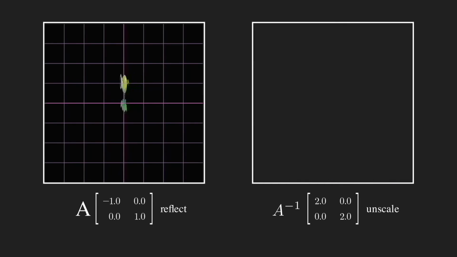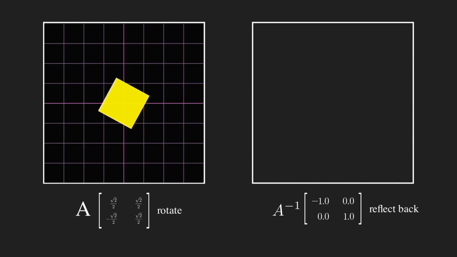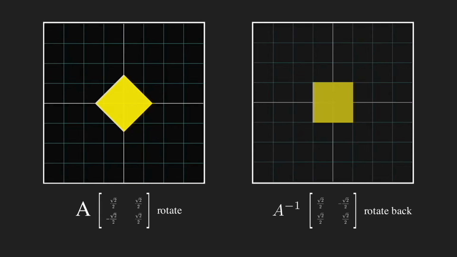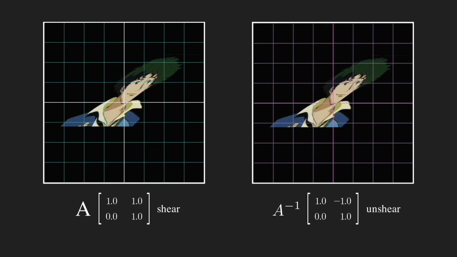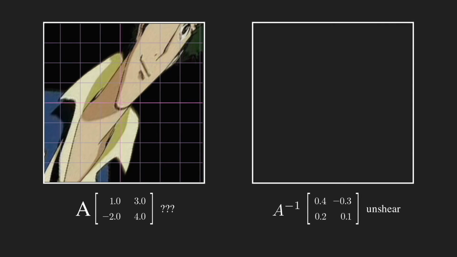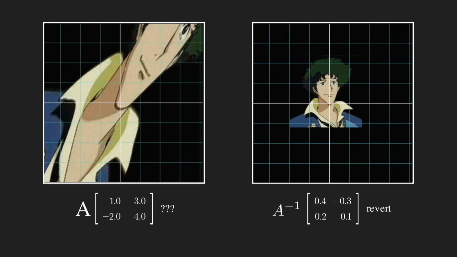The matrix which reflects, its inverse reflects back. The matrix which rotates, its inverse rotates back. The matrix which shears, its inverse unshears. Or this matrix here, not sure what it did, but its inverse matrix restores all vectors back to the original.